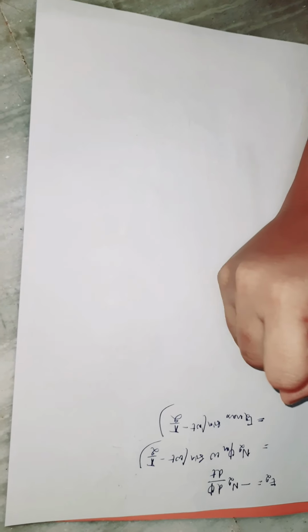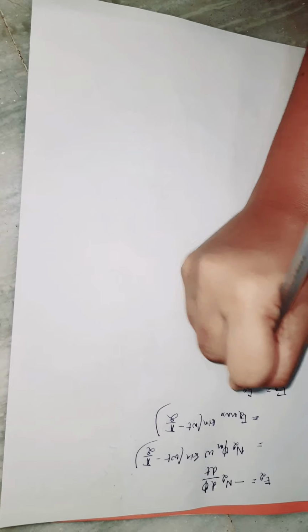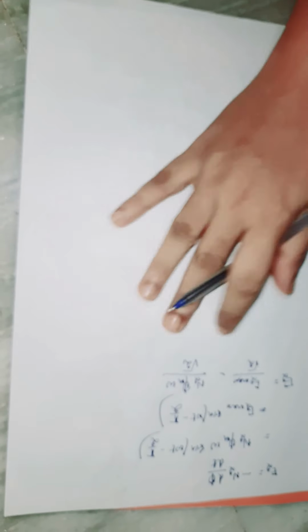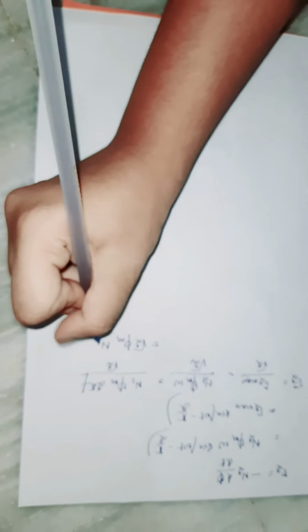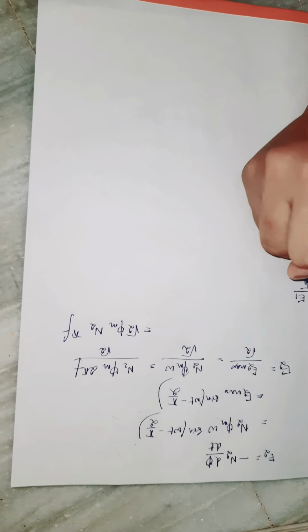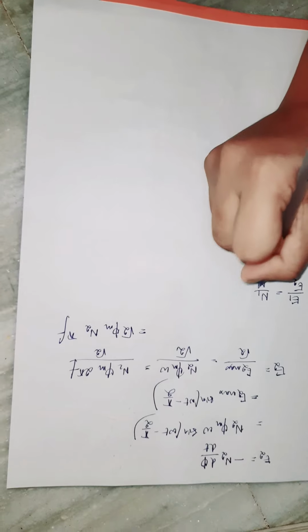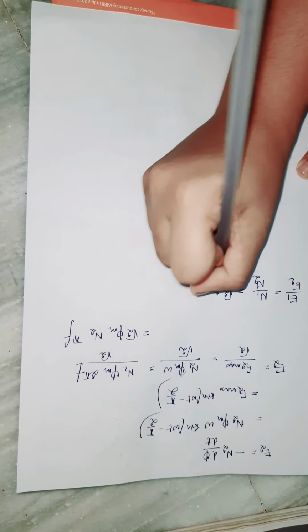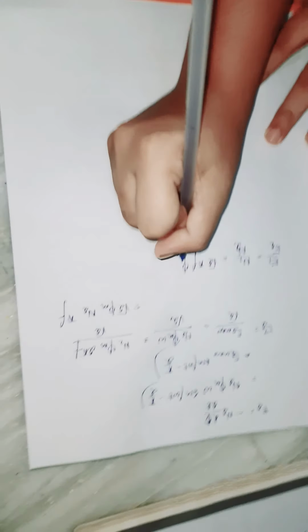So the RMS value will again be E2 max divided by root 2, which is equal to N2 phi m omega by root 2, like we had derived last time. E1 by E2 is equal to N1 by N2, which is both equal to root 2 pi f phi max.